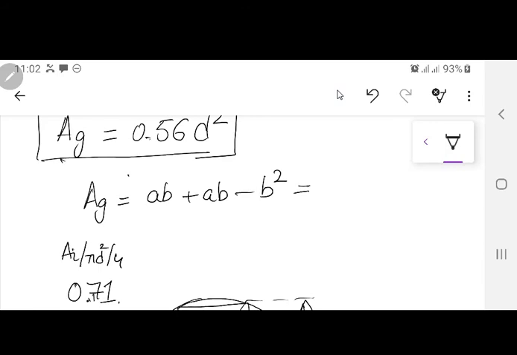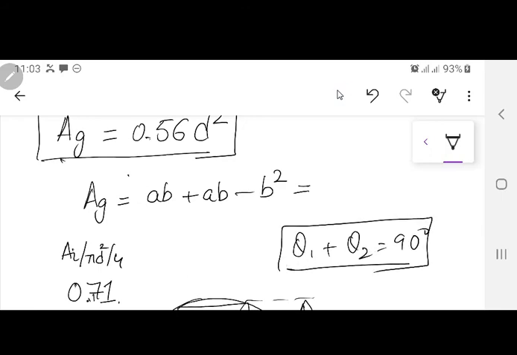Is there a relationship between them? One relationship is that theta 1 plus theta 2 should be equal to 90 degrees. Yes, this will hold true because they are in a circumscribed circle.